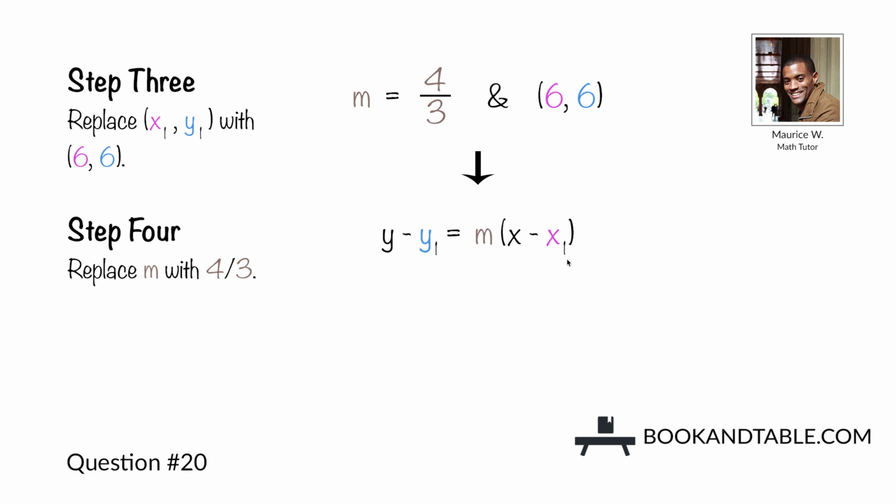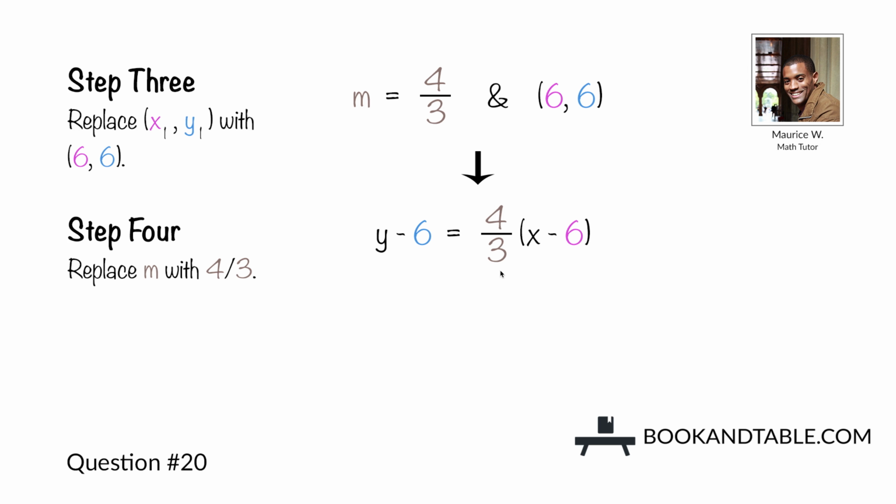So step 3, replace x1 with 6 and y1 with 6. Step 4, replace m with our slope 4/3. Now we have the information we need to figure out the equation of this line.